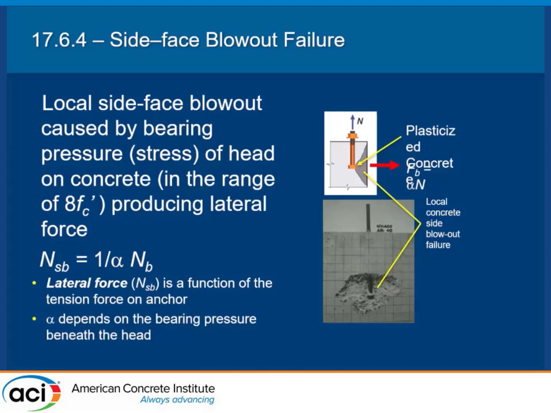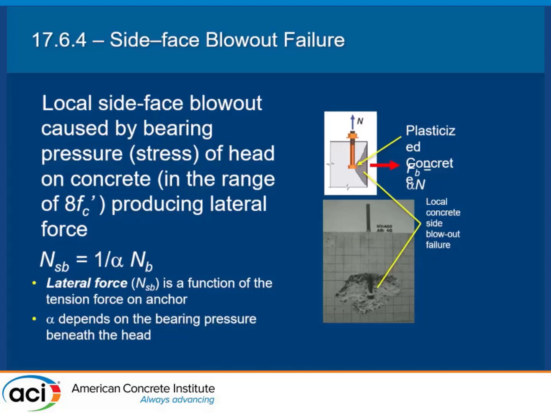I think you're creating a lot of tension in the concrete right underneath here as you put a lot of compression here due to the tension force going up here. And those tension stresses have got to dissipate. And if they get really close to the edge, I think what happens is you get this blowout. Okay? And so that's kind of what's happening here.